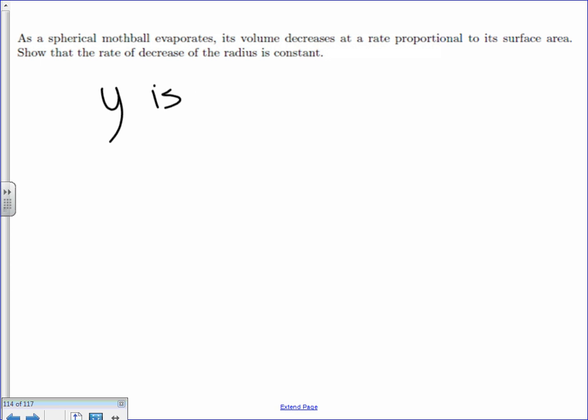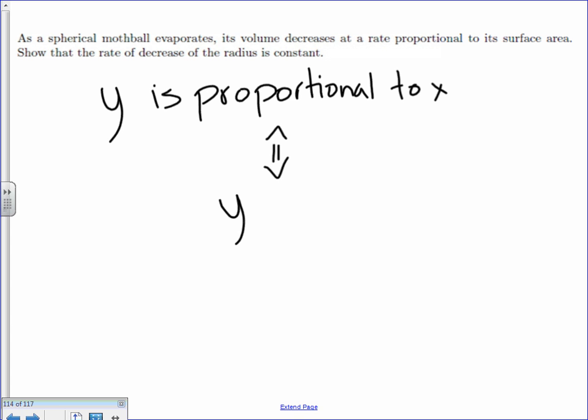Y is proportional to X. What this sentence means in words is Y equals KX for some constant K. So if 2 things are proportional, then they vary by a constant.